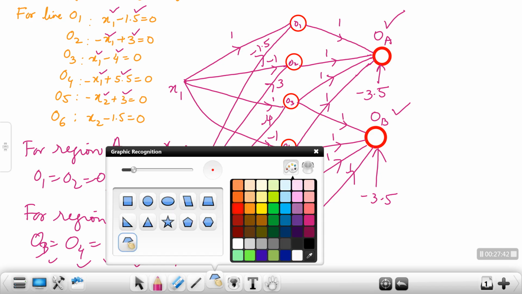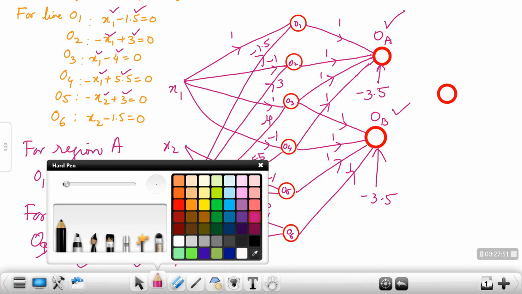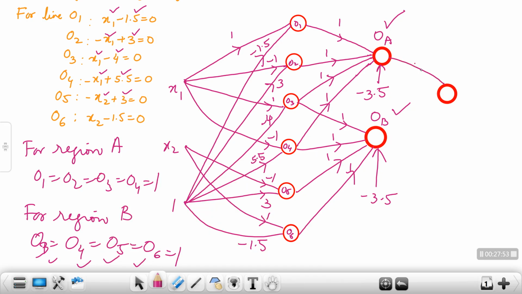So we still need one more neuron in the last layer, and this has to be an OR gate. So we connect the OA and OB outputs to this OR gate, and because it is an OR gate, the bias is how much? Minus 0.5.